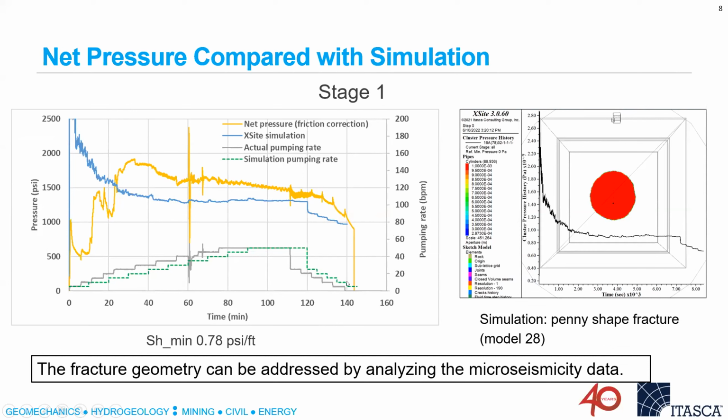But what we can do is about the fracture geometry. We have 3 monitoring wells, so we have microseismic data. We will get more confidence on the fracture geometry after we get the microseismic data. But here I just want to show you how different models compare to the stimulation data.